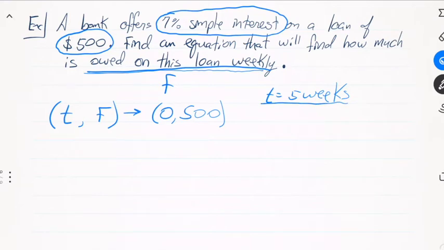You could use simple interest, or you could use the future value version of simple interest. I'm going to go with simple interest because that's where most people would probably go. So I equals PRT. P, of course, is $500. The rate is 7%, so I'll write it as 7 over 100. And the time is 5 weeks, so that's going to be 5 out of 52.